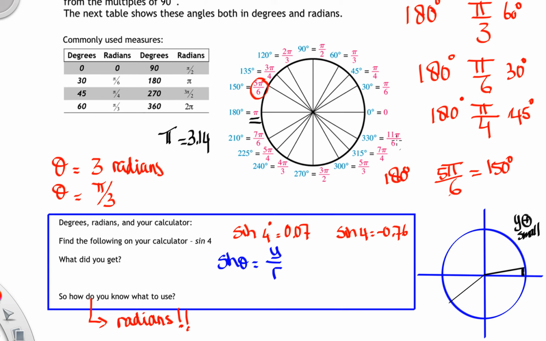If I compare that y value to the hypotenuse, we can see that the y value is negative, and it's definitely not as big as the hypotenuse, because then you'd be over here, but it's way bigger than the one associated with 4 degrees. So this was 4 degrees, and this was 4 radians. So hopefully you can see that you should definitely get a negative out of here.